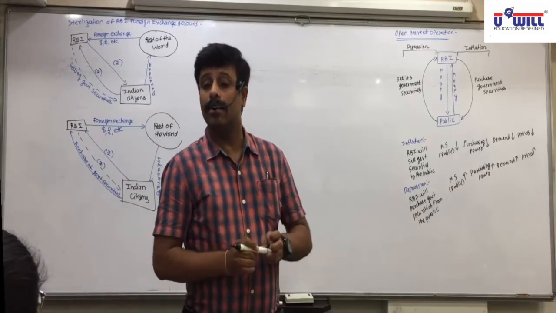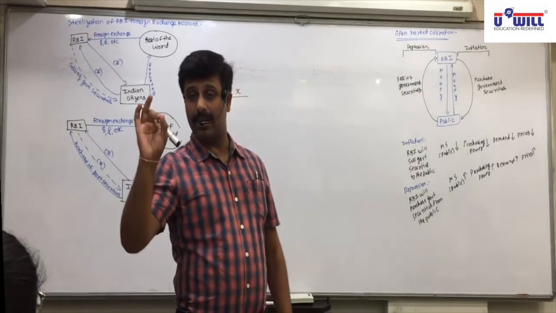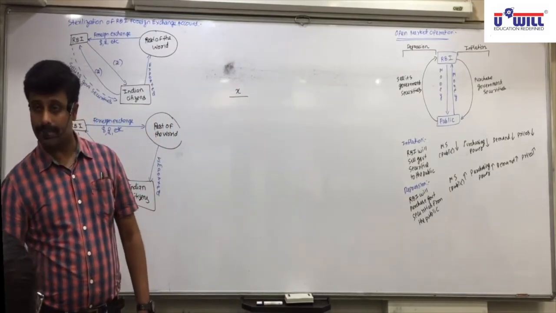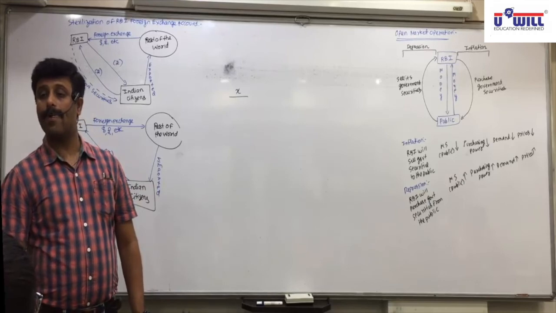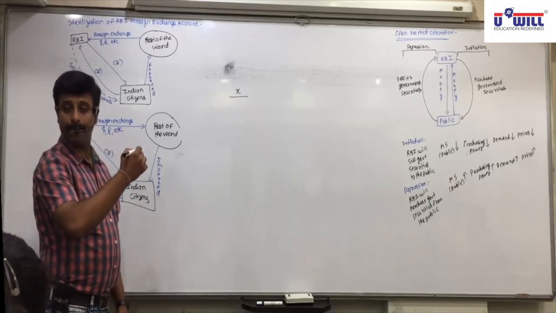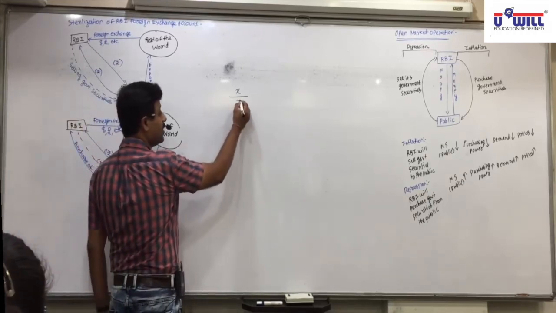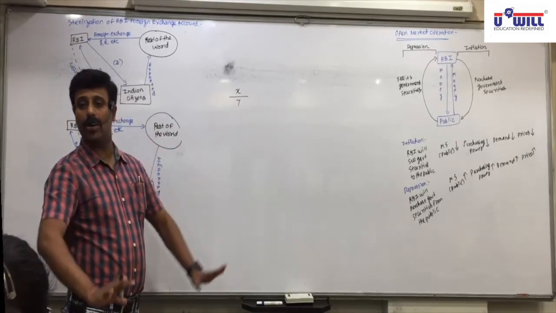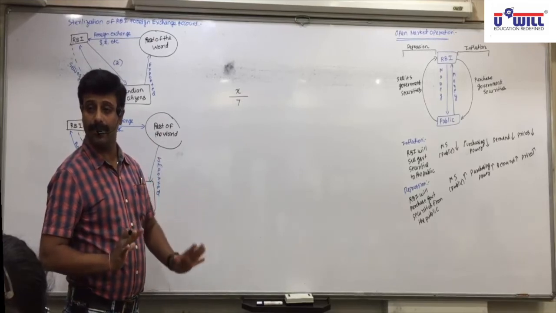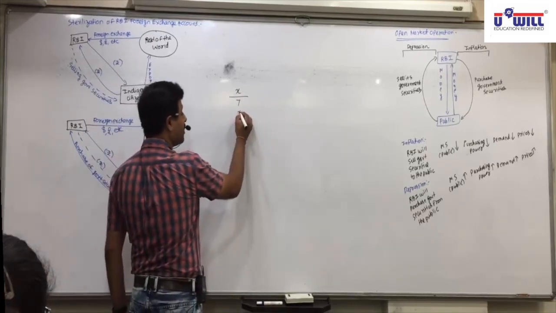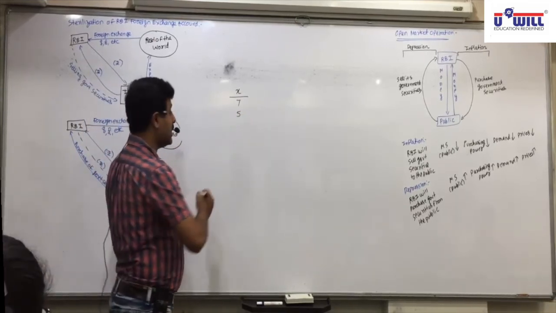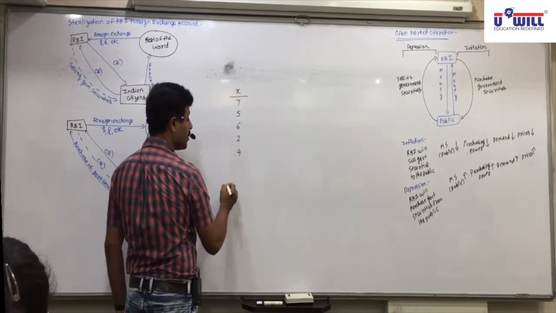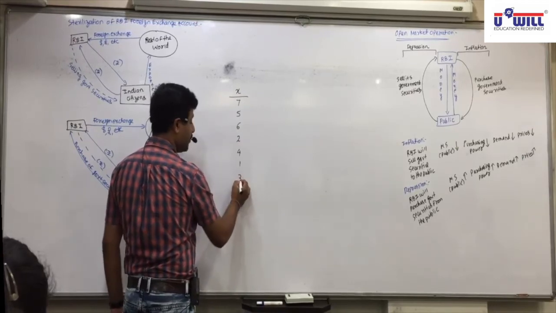Swara, first 7 natural numbers. Tell me in a different order. Don't tell me in reverse order, just tell me in any different order. I want the first 7 natural numbers, that's it. 7, 5, 6, 2, 4, 1, 3.